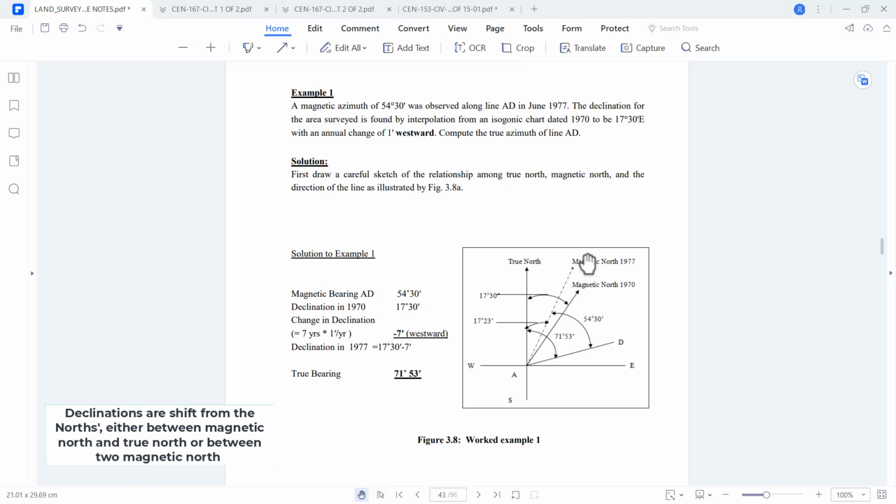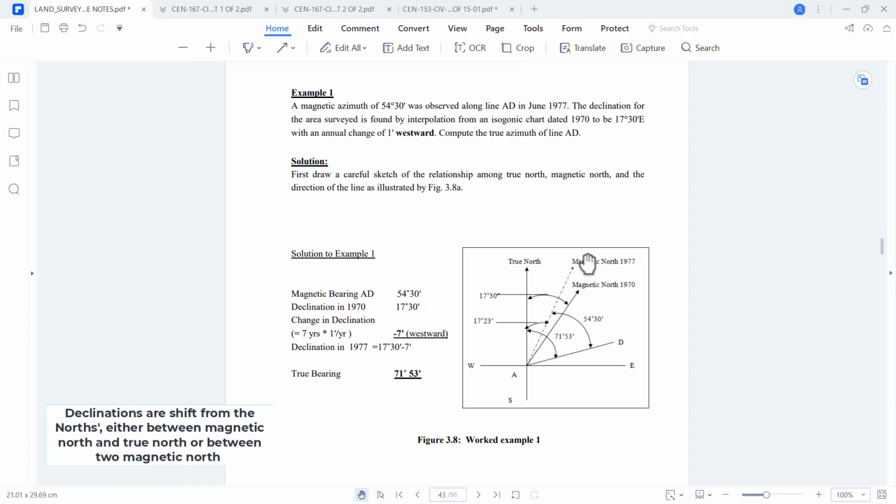Whenever you're using your compass, the measurements you take on the field are the magnetic bearings, because we cannot refer to them as the true bearing, since there are some errors incorporated into the machine when using it to pick the coordinates.